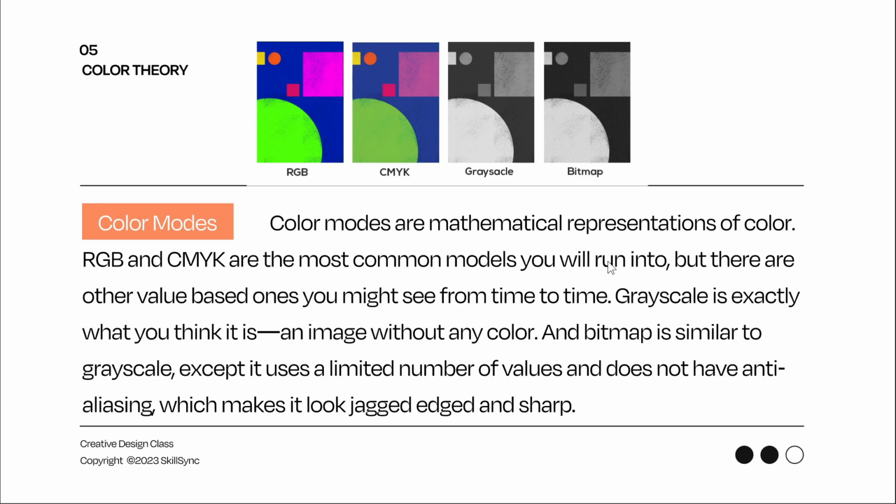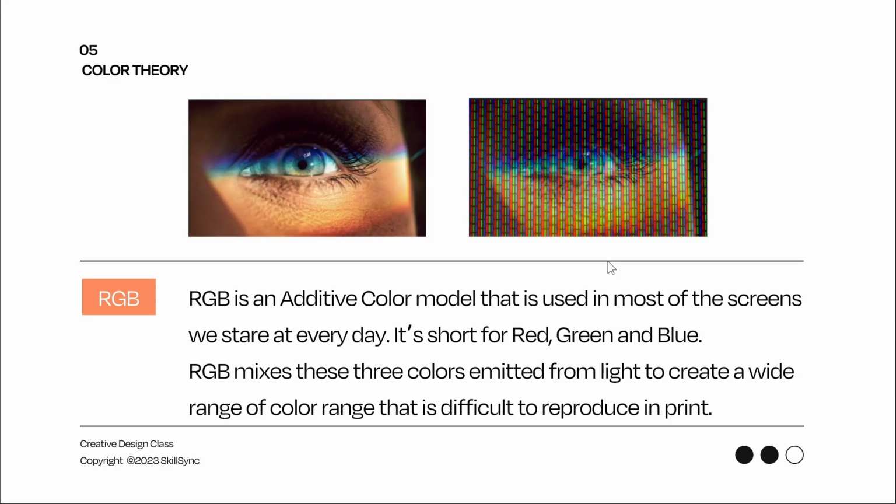Okay, that's grayscale. But then the difference between the grayscale and the bitmap is that the bitmap uses a limited number of values and does not have anti-aliasing, which makes it look jagged-edged and sharp. Bitmap is not that smooth. So we talk about RGB, that's what we've already talked about, that the screen uses vibrant red, green, and blue.